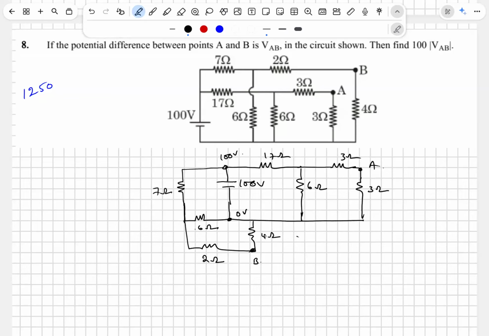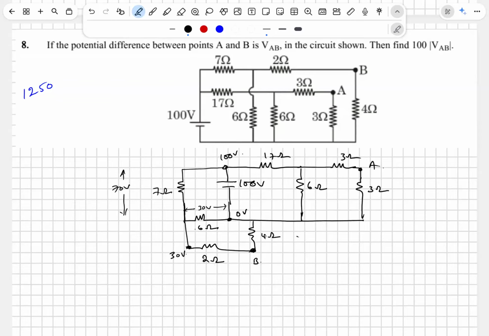Now try to please understand: 2, 4, 6. 6, 6 parallel, 3, 7, 3. So the drop here is 70 volt, and the drop here is 30 volt. This is a 30 volt point. Obviously, again 1:2 ratio. 30 volts, 1:2 ratio.